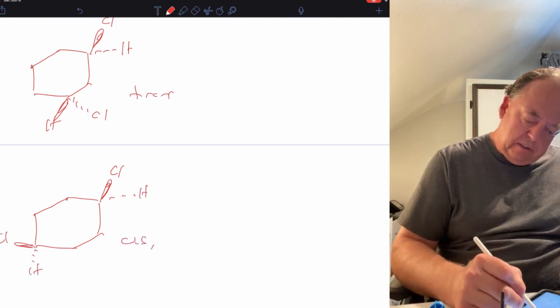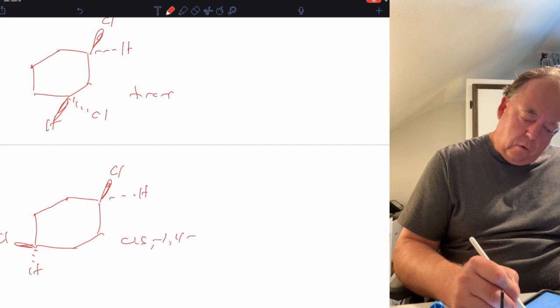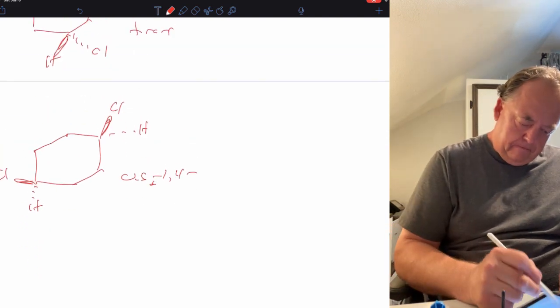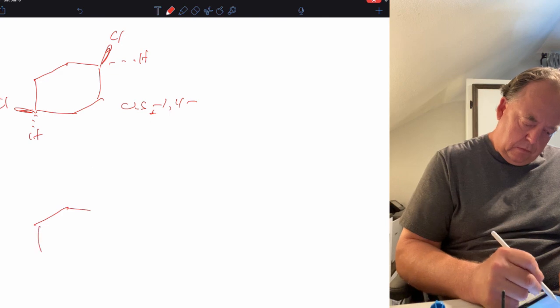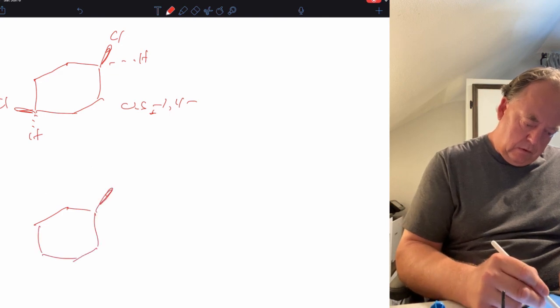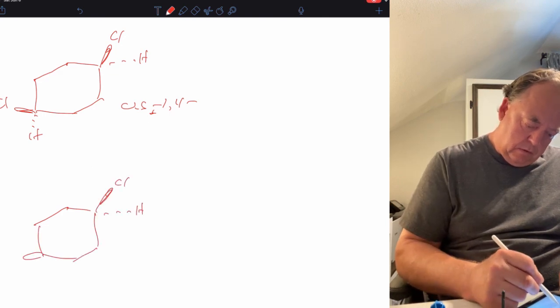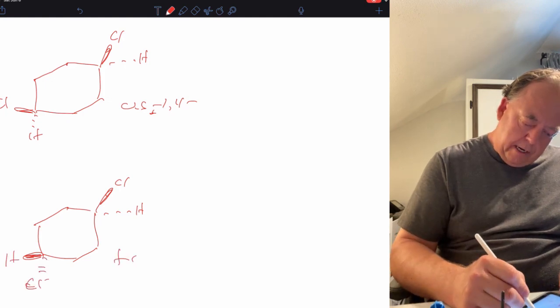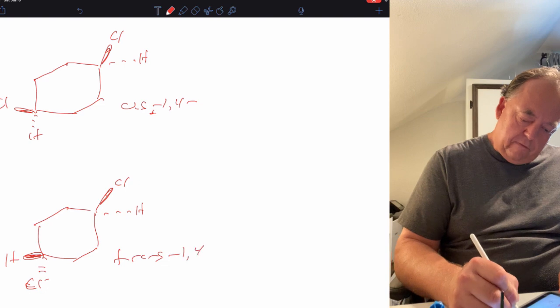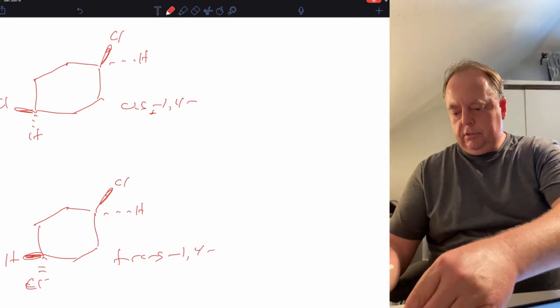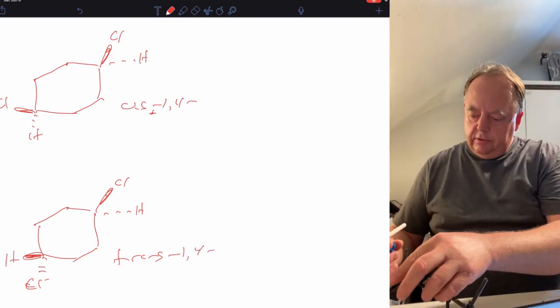So that would be cis 1,4. And that would be trans 1,4. The 1,3 isomer.